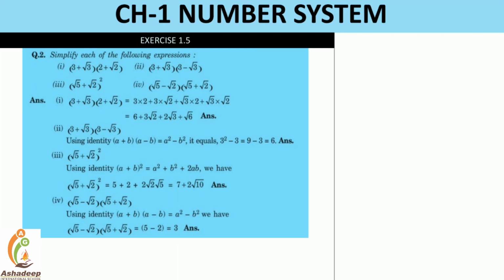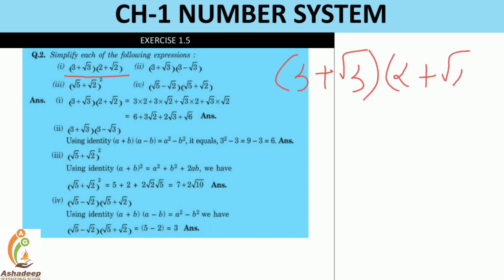Now we need to focus on the simplification of these terms. The first term is 3 plus square root of 3 in bracket 2 plus square root of 2. We don't need to do the multiplication of 3 and root 2 together because this is rational and this is an irrational number.